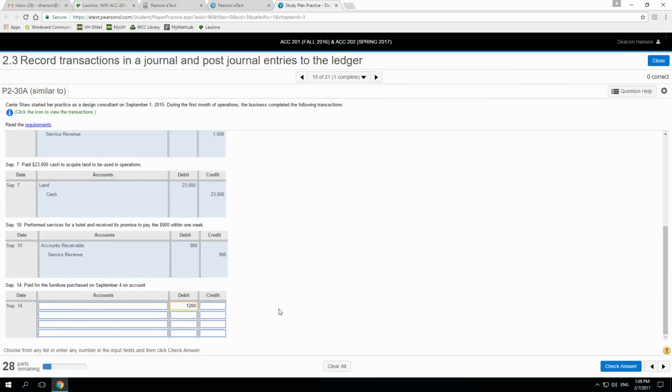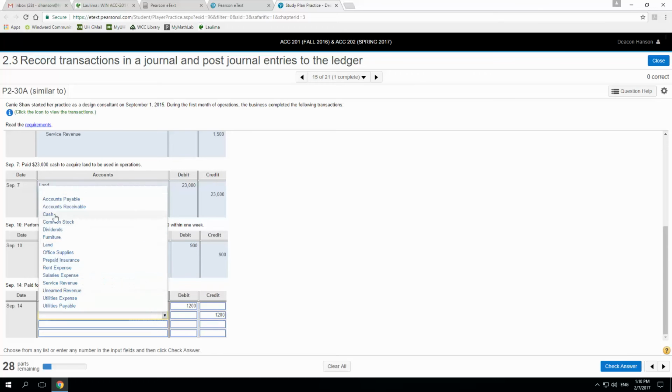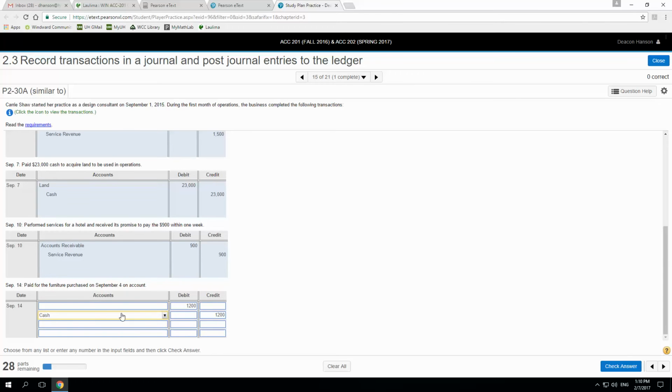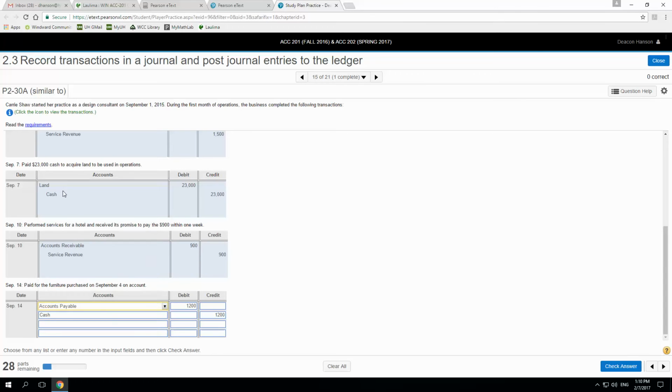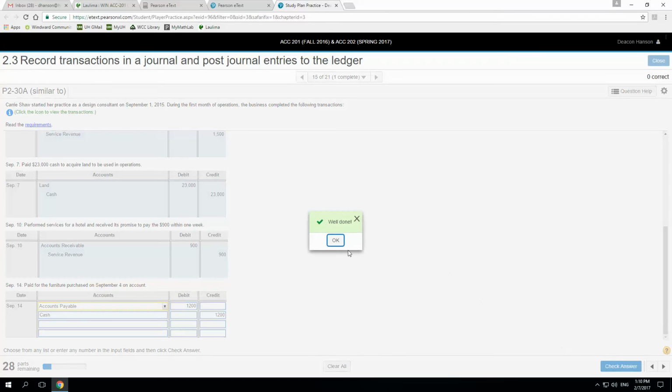We're going to pay off 1,200. When we pay cash out, cash decreases with this credit, and that accounts payable is going to go away. Not all of it, just $1,200 worth of it. We're just paying for the furniture. We're not paying for the office supplies amount that we still owe. Okay? So we'll say check answer. Well done.